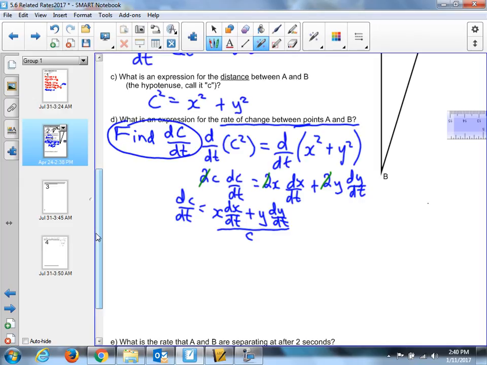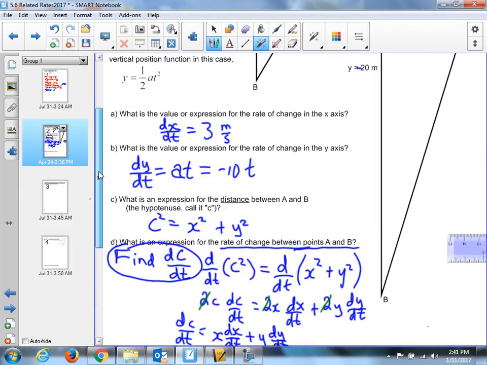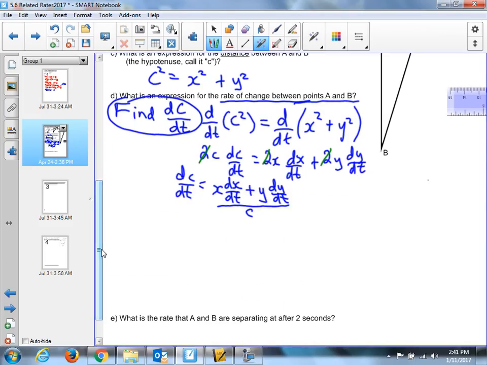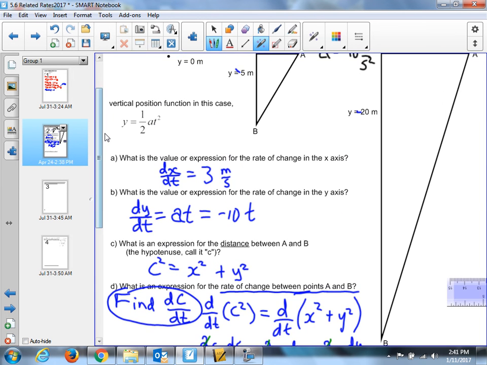Yeah, let's do that. What is x in terms of t? Let's get this as a function of t. What is x? If we know the speed is 3, just from common sense, what's an expression for x?